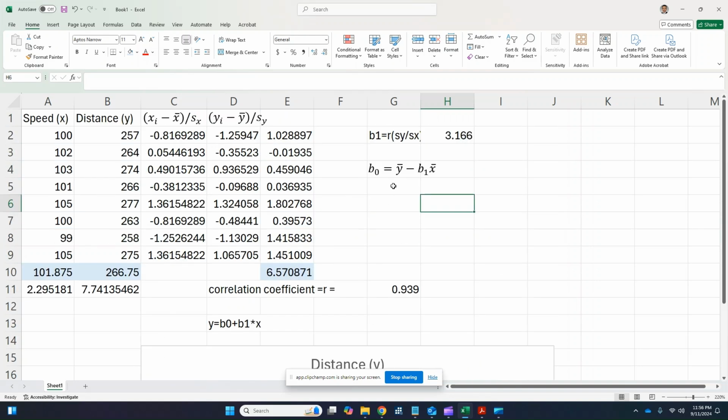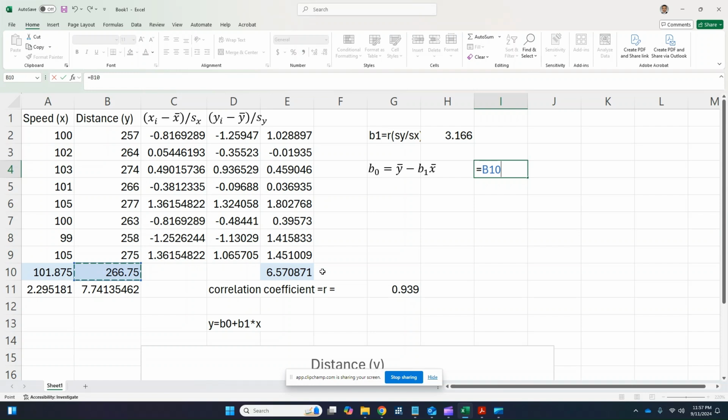Okay. And since we have both numbers here, I'm going to type in. So the y bar, we can get it from here, minus the value of beta 1, this, times x bar, which is here.